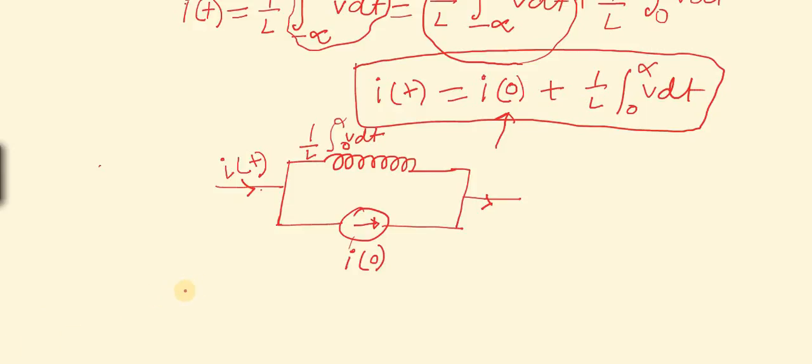Okay, we have just seen that the voltage V is equal to L di by dt. So power through an inductance P is equal to V into I. Now put this value of V here, which will be L I di by dt.